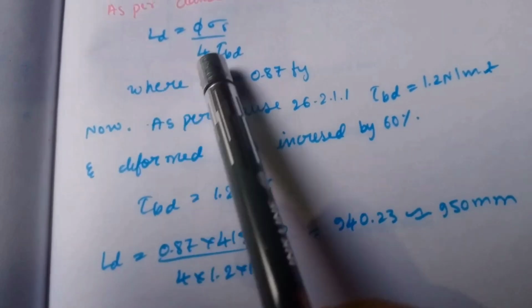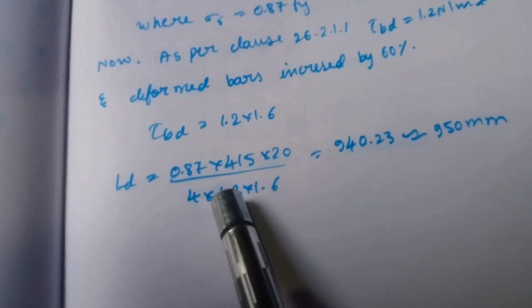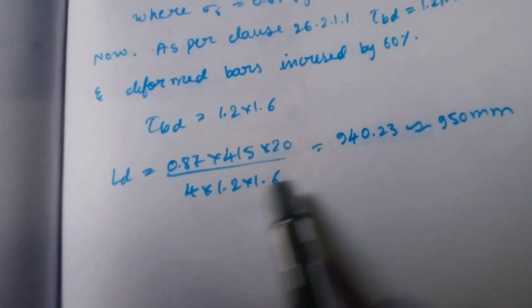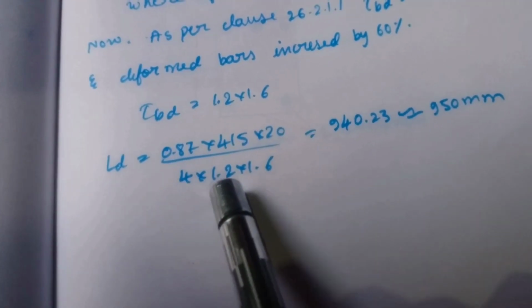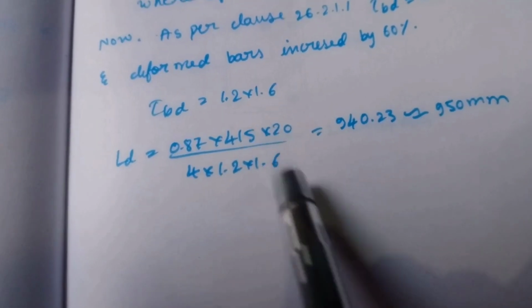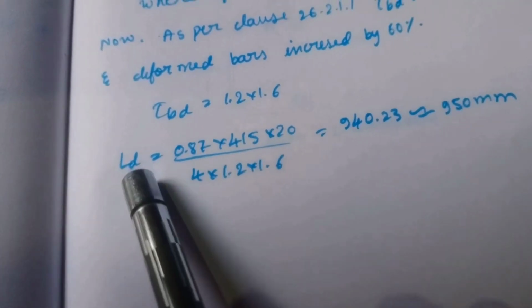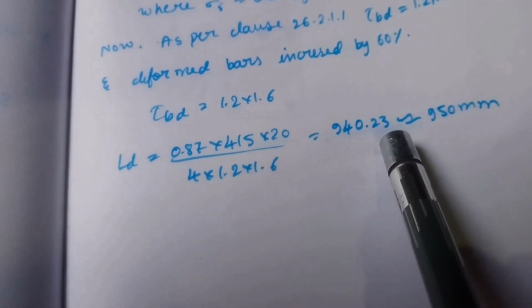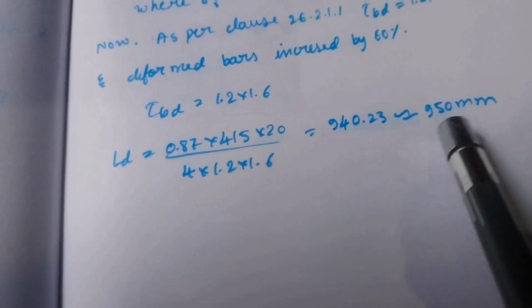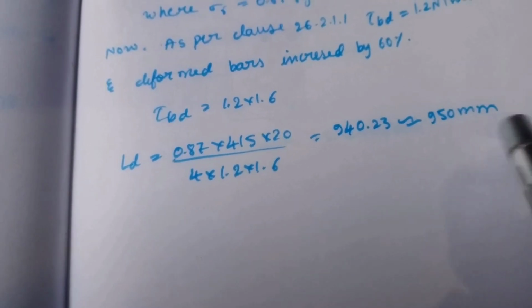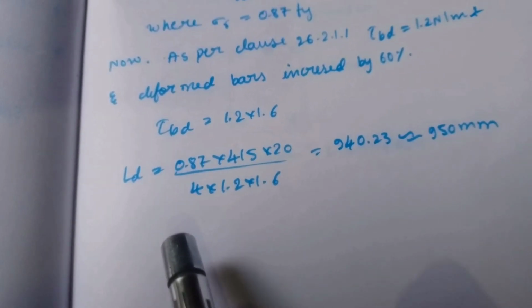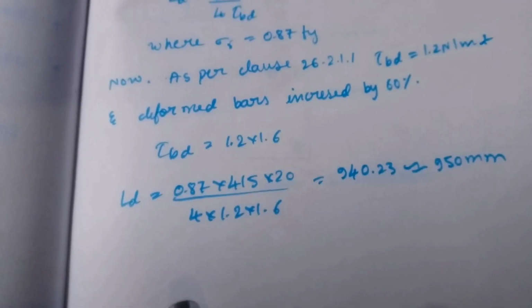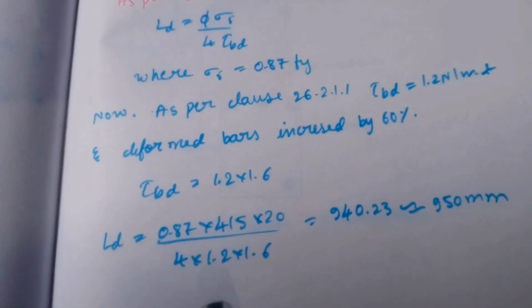So substitute all the values in the equation, that is 0.87 into 415 into 20 divided by 4 into 1.2 into 1.6. So after simplifying, we'll get our Ld value as 940.23. So I'm making it approximate. I'm taking it as 950 mm. So this is how we calculate the development length. So this is the last step of our problem.